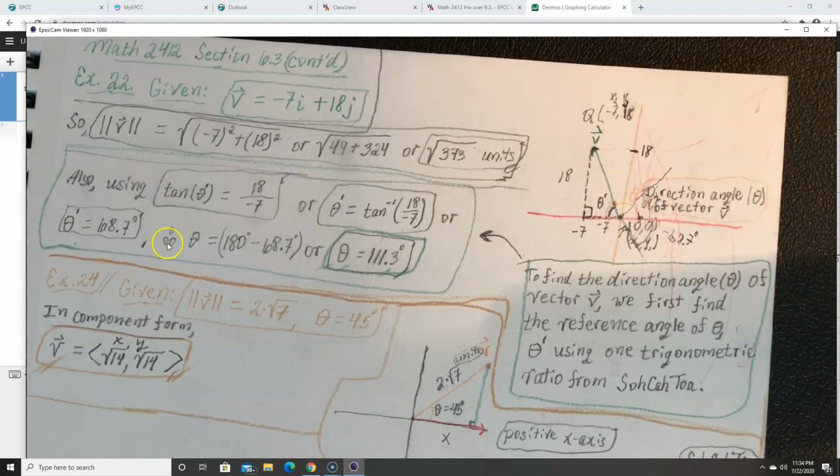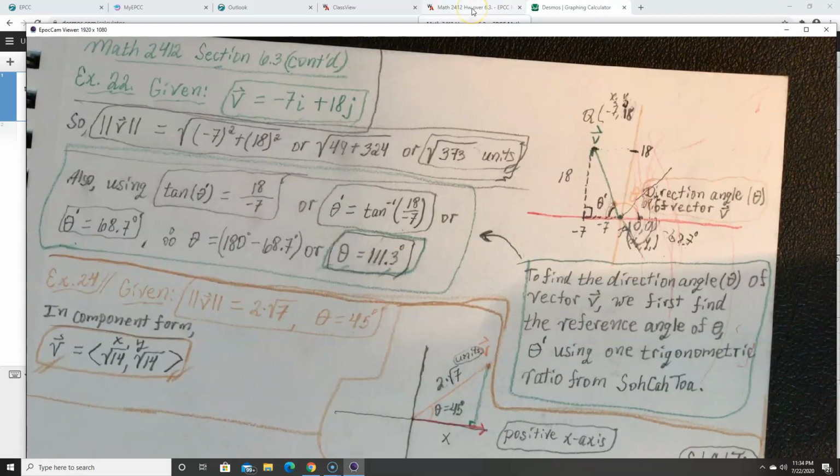A reference angle is always a positive angle. Now, if you turn it backwards like we did here, you say the direction is negative, but the reference angle is still a positive 68.7 if you put it in a triangle. So how much is the angle from here to here, which is the direction angle of the vector v? It's 180 degrees minus 68.7, which is 111.3 degrees.